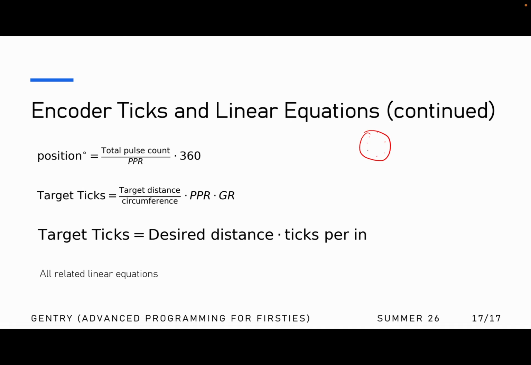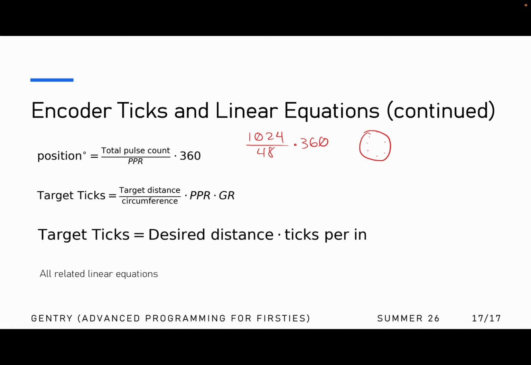Because if we take our total pulse count, it could be like 1024 or something. And then if we divide that by our pulses per revolution, which is probably only around 38 or 48, and then multiply it by 360, we can get our exact position at any time in degrees. So that's a really cool thing to do.